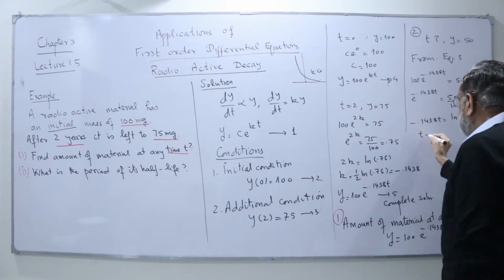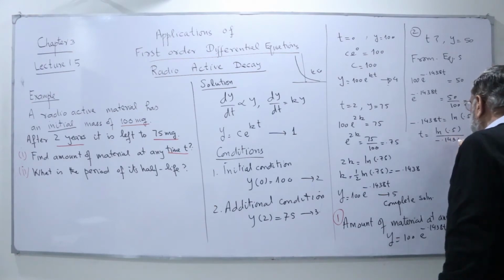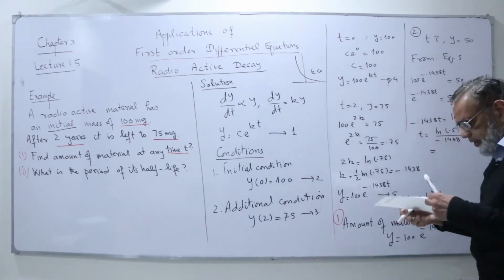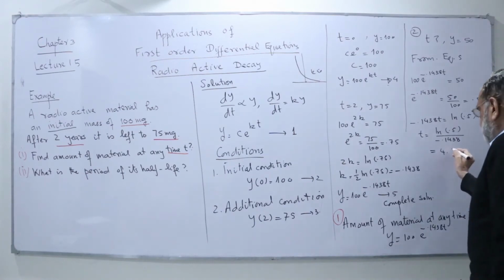Our t is equal to ln 0.5 over -0.1438. We make the calculation and we get the value of t, which is 4.82 years.